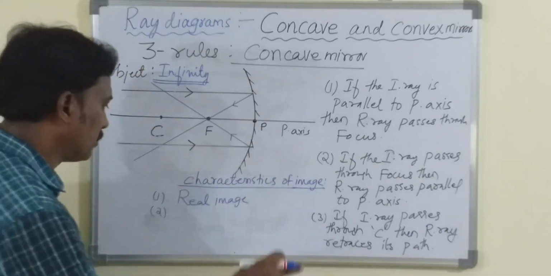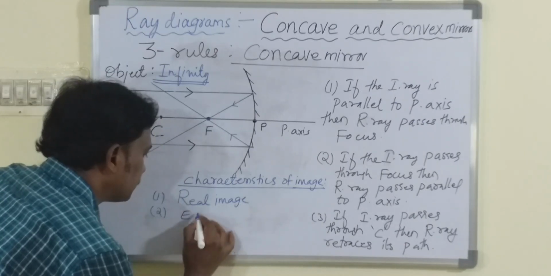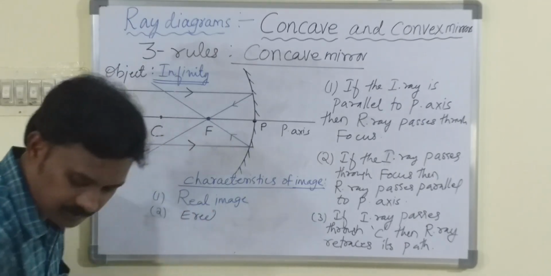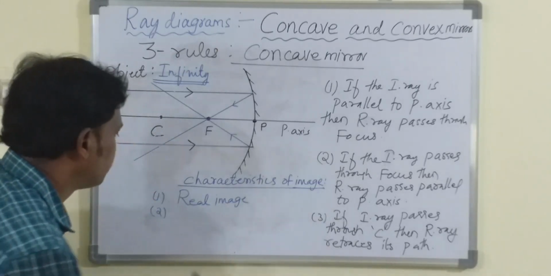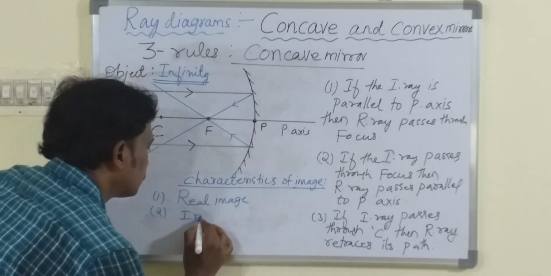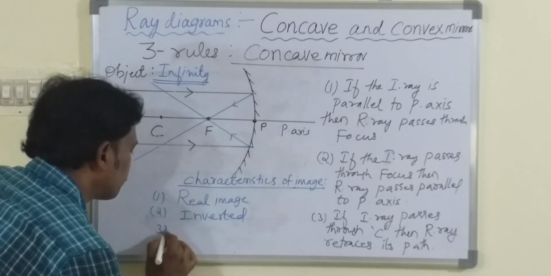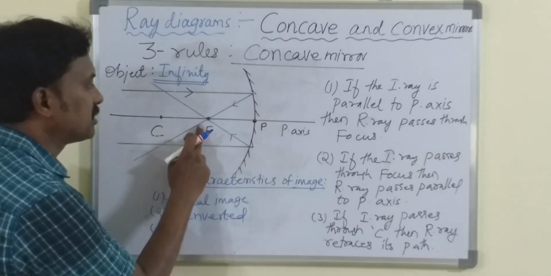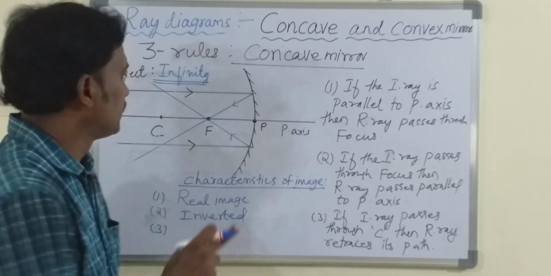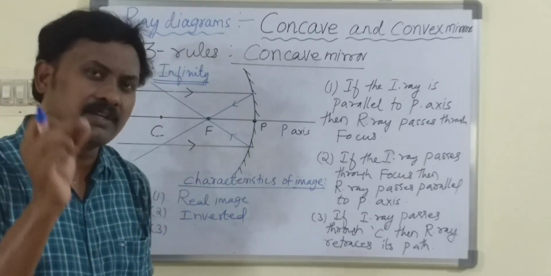So depending on that, we are simply writing here, it's erect. Sorry, real image is always inverted. And now look at the size. Actually we don't see any image there, and the two light rays are meeting here, so the size of the image is very small.